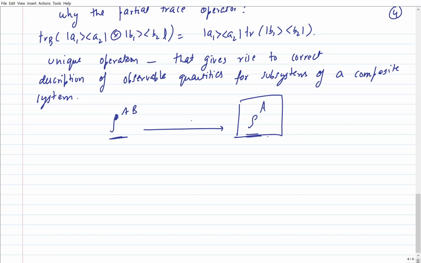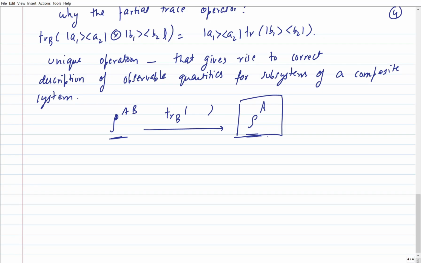And that map is actually the partial trace map, and it can be shown that it is a unique map like that. So how am I going to show it? I need a map on the joint system that gives the correct measurement statistics. So how does that map look?